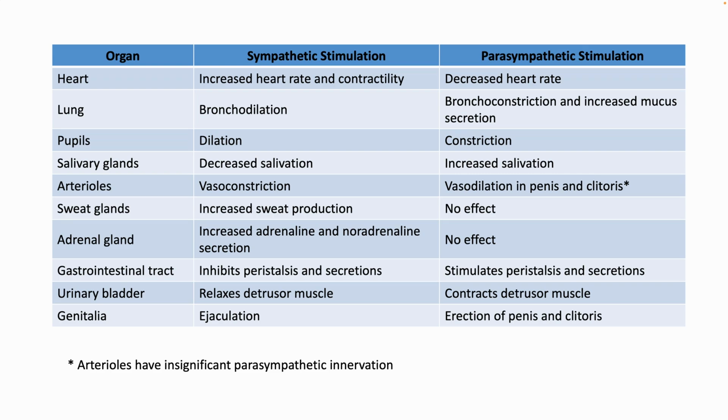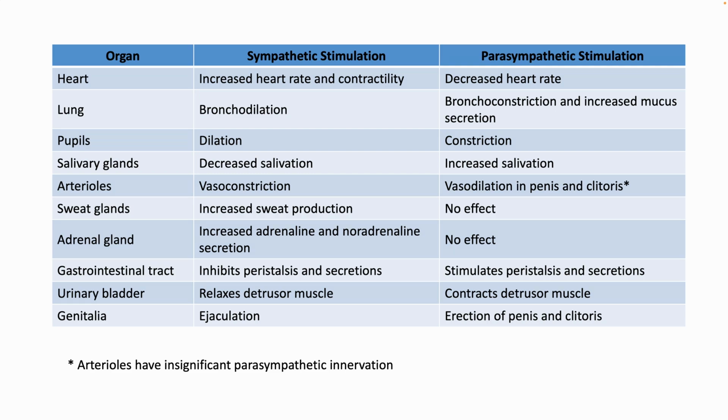On the adrenal gland, the sympathetic nervous system promotes the release of adrenaline or epinephrine into the blood, while the parasympathetic has no effect. On the gastrointestinal tract, the sympathetic nervous system inhibits peristalsis and inhibits secretions, while the parasympathetic stimulates peristalsis and secretions.